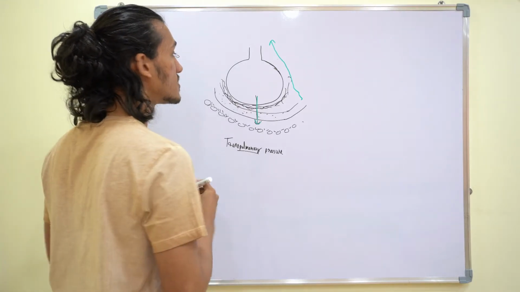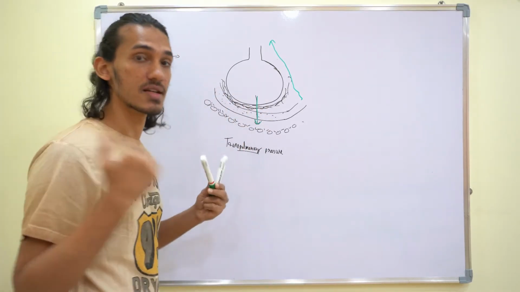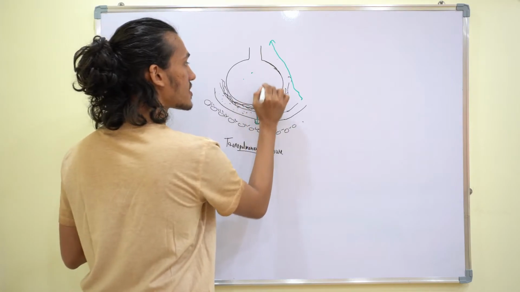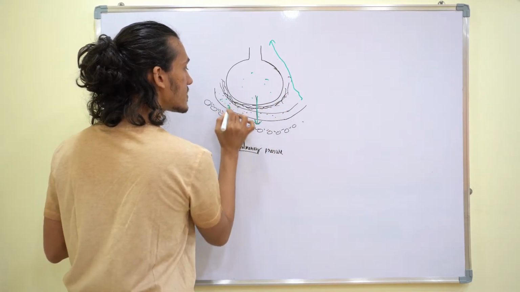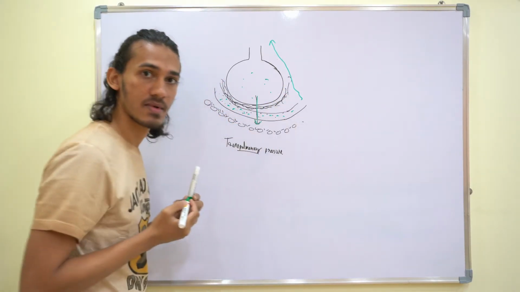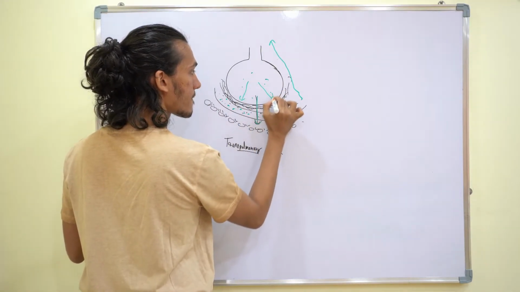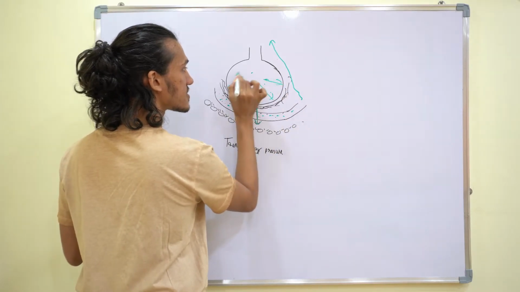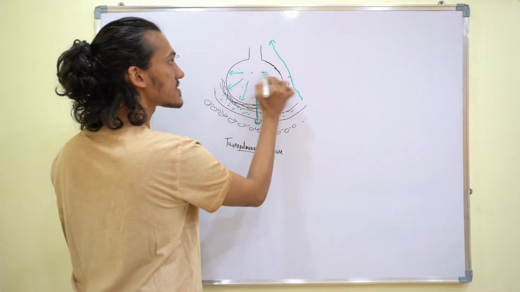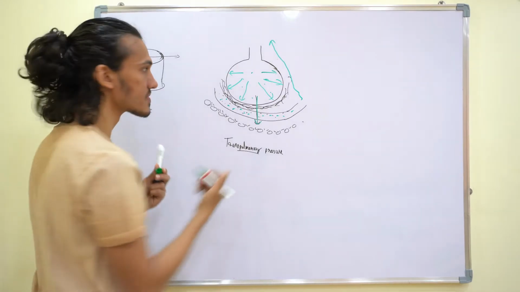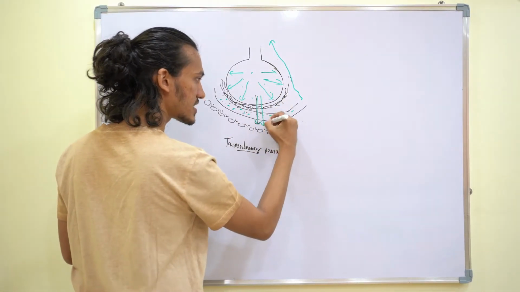So we have two pressures that we had mentioned earlier: the intraalveolar pressure and the intrapleural pressure. Imagine this intraalveolar pressure. What direction is it? This pressure is acting outward, so this is contributing to this.